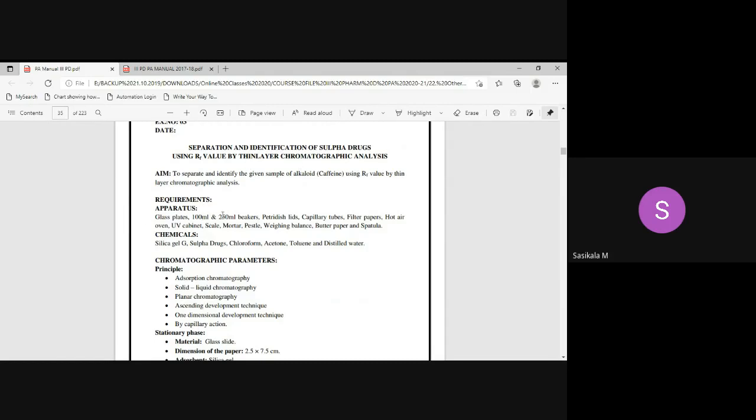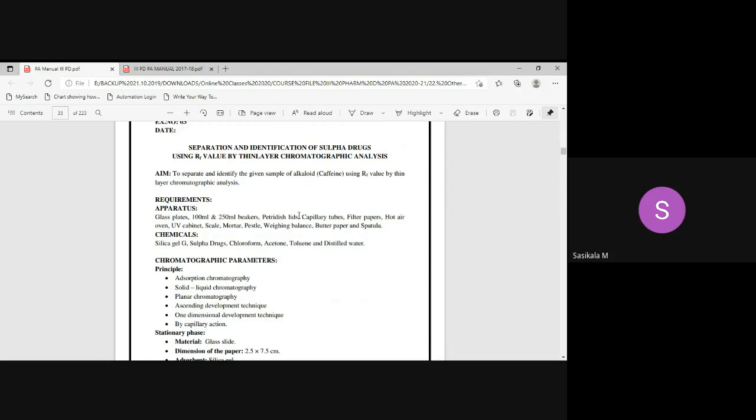Then 100 ml and 250 ml beakers: 100 ml beakers to prepare samples of your sulfur drug, and 250 ml beakers acting as mobile phase chambers. And petri dish lids to close the mobile phase chambers.